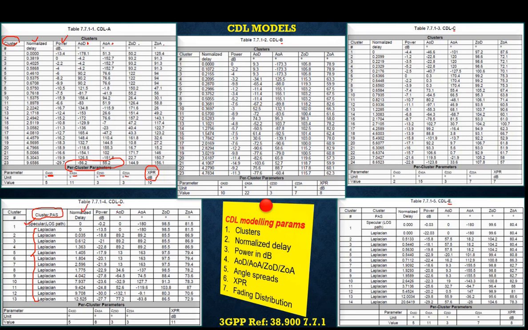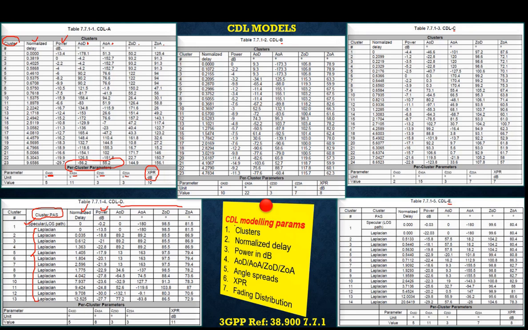Then normalized delay, power in dB, and as usual the azimuth angle of departure and arrival, and zenith angle of departure and arrival. CDL-D and E are similar, except the governing parameter values are different.